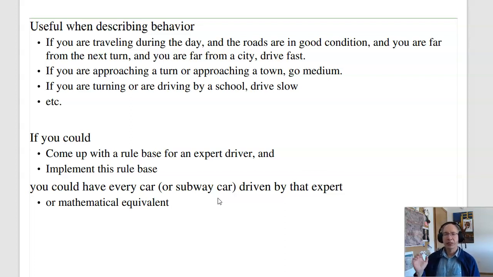As you're going through the countryside, I'll be going fast. As I come towards the city, I'll gracefully slow down. And when I leave the city, I'll gracefully speed up. How do you do that? That's what fuzzy logic was geared for. So that was the goal, and if you can come up with a mathematical way to describe it, I can implement those sets of rules.